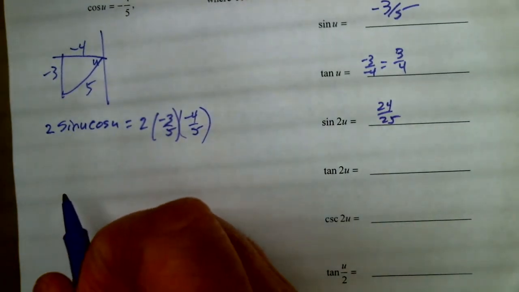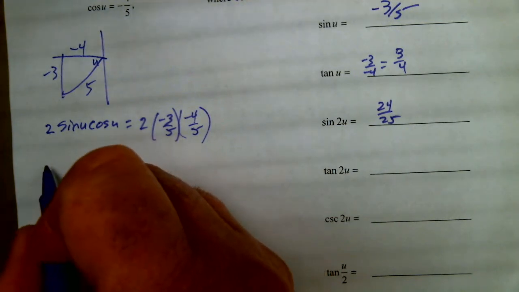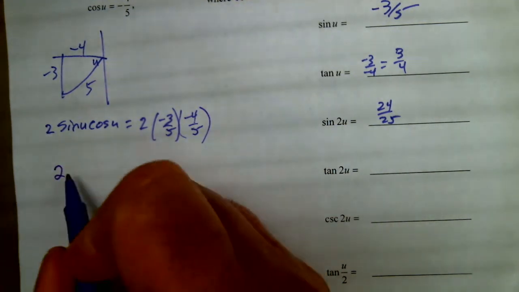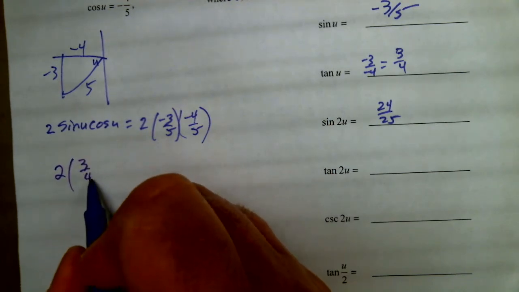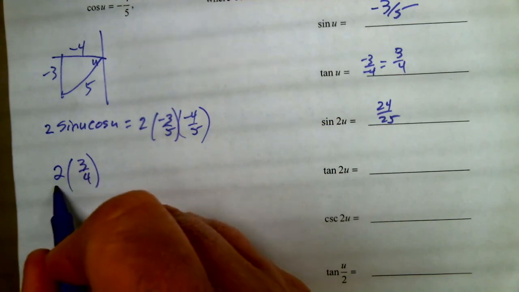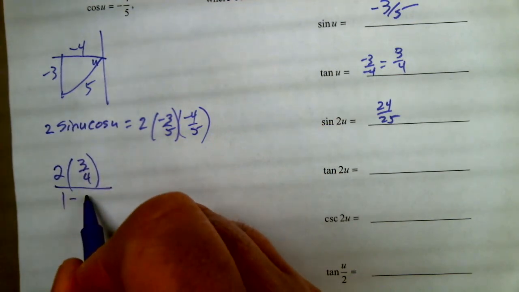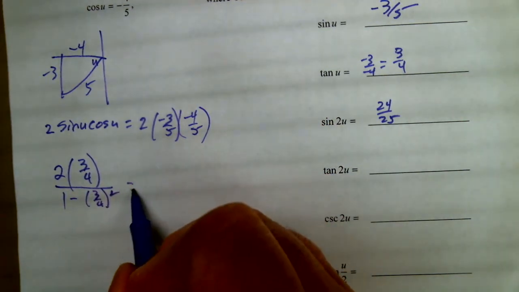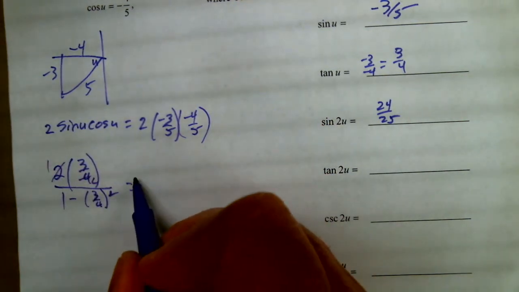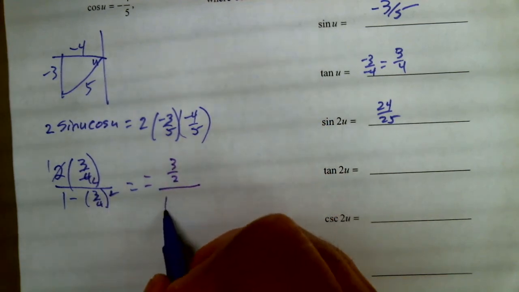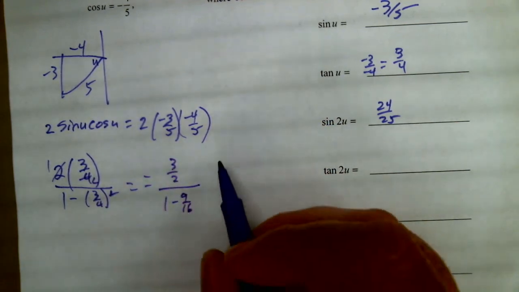We're going to do the tangent formula of 2u. If I go to my double angle formulas, I know that the formula is 2 times the tangent, which is 3/4, we just have that up here, divided by 1 minus the tangent squared. Simplify, I get 3/2 divided by 1 minus 9/16.